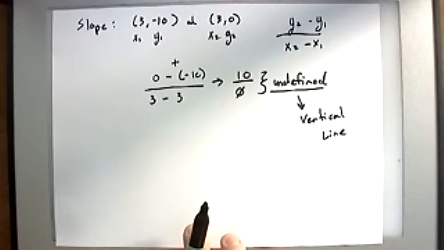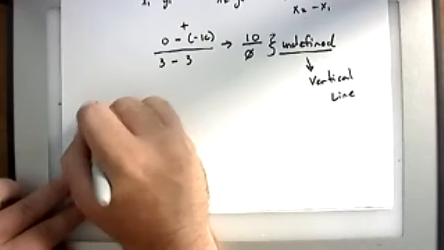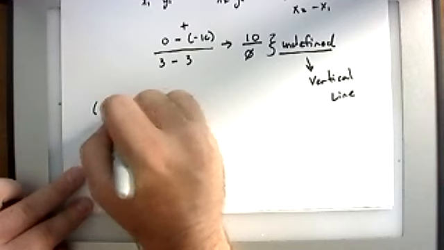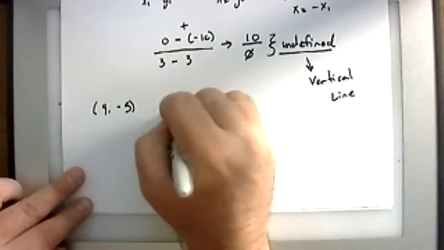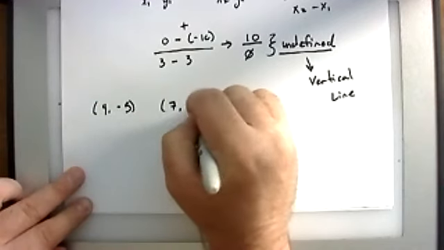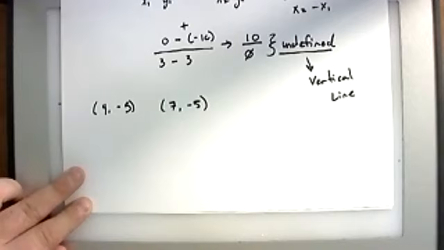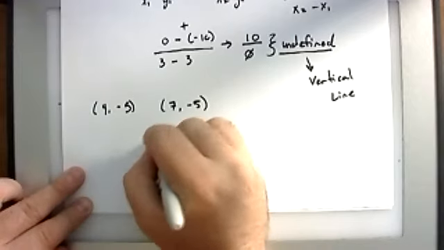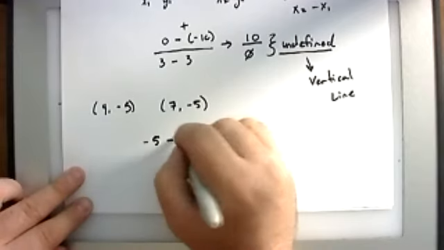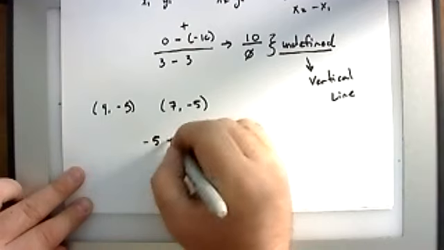Similar, now you know what's going to happen because I'm doing it the other way, but similar, let's say we had the points 4, -5 and 7, -5. Well, same idea, y2, which is -5, minus y1, which is -5. So it's -5 minus -5.